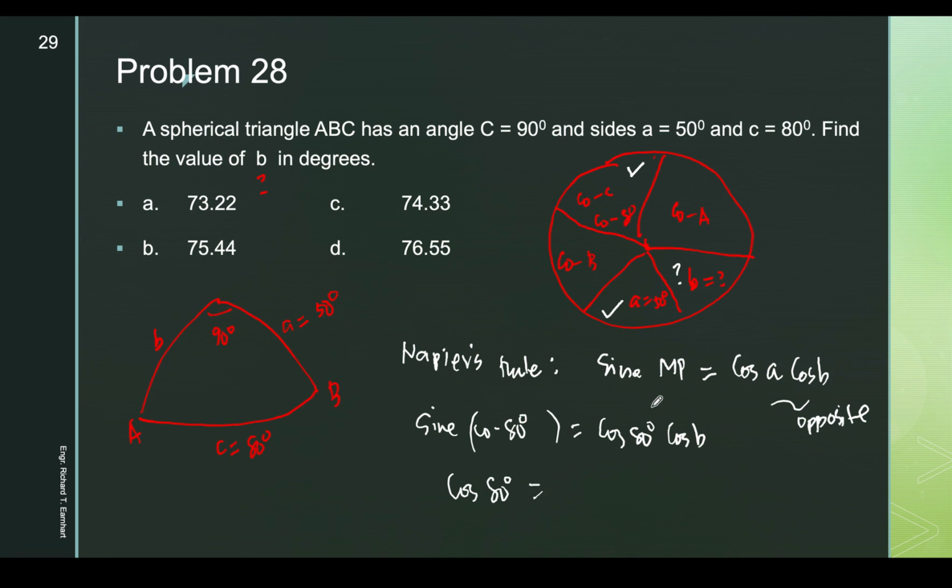A is 50 pala. This is 50. So, you have cosine 50 degrees, cosine of B. And from here, you get side B, which is 74.33 degrees. And that is letter C.